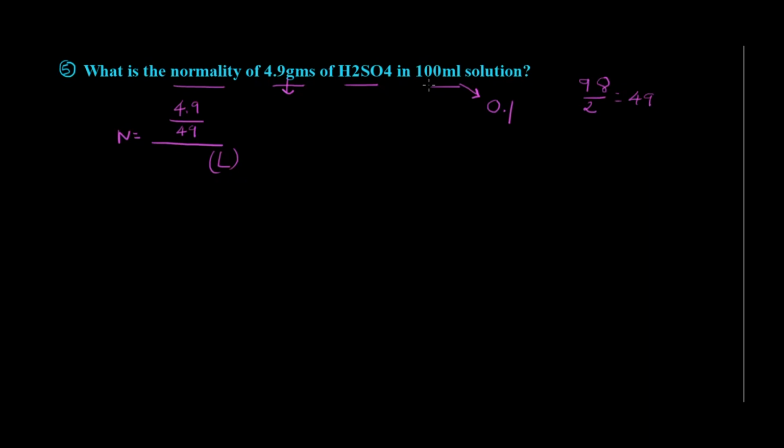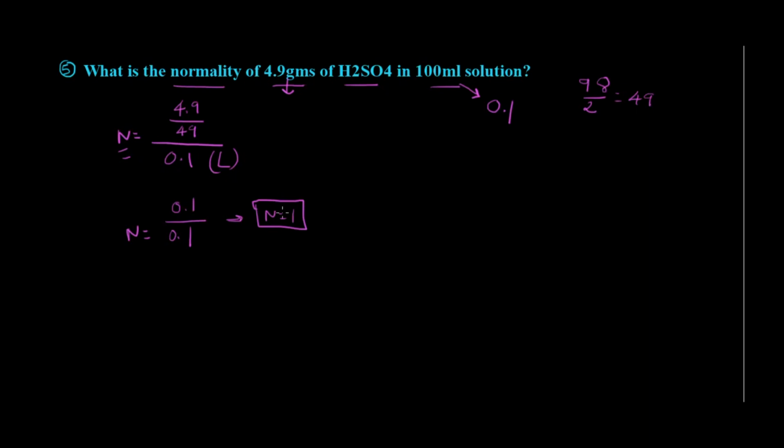To convert ml into liter, we need to divide it by 1000. So it will be 0.1 liter. Now let's simplify this. 4.9 divided by 49 is 0.1, divided by 0.1, right? So the normality of this solution is 1. It is one normal solution when you take 4.9 grams of H2SO4 in 100 ml solution.